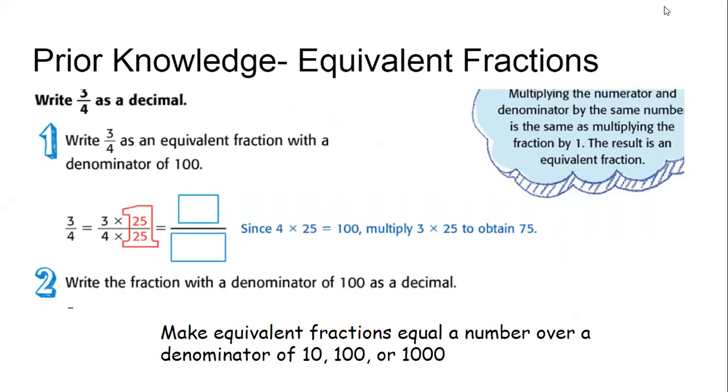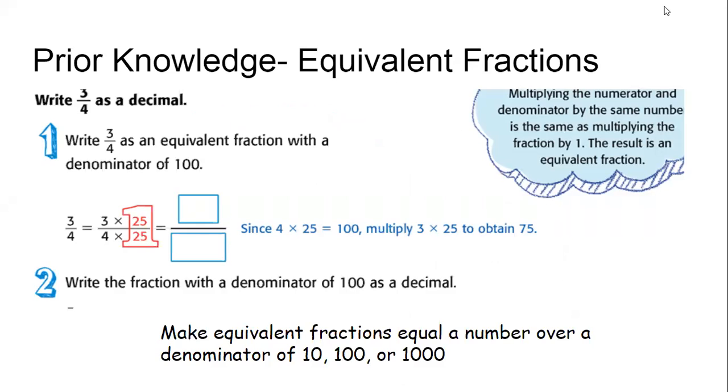Another thing you need to know before starting is equivalent fractions. If you haven't quite been able to practice that and work that out successfully, that's another thing you need to know. In this example, we're going to practice writing 3/4 as an equivalent fraction. There's a note at the bottom of the screen.